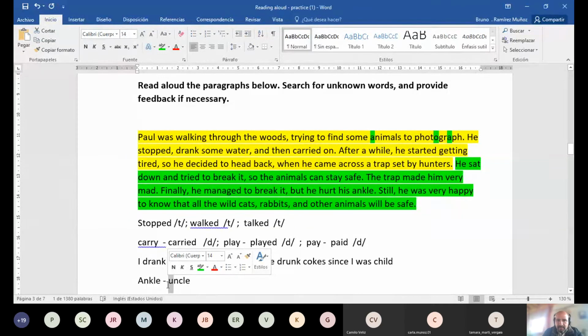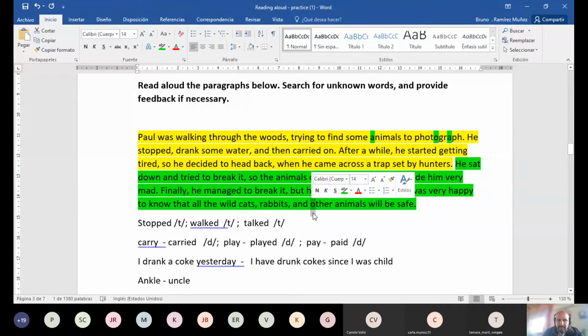Sometimes it's difficult to hear. And also a general comment, remember that the initial sound for this word is a wedge, right? Other, never other, right? Another, other animals will be safe. Thank you so much.